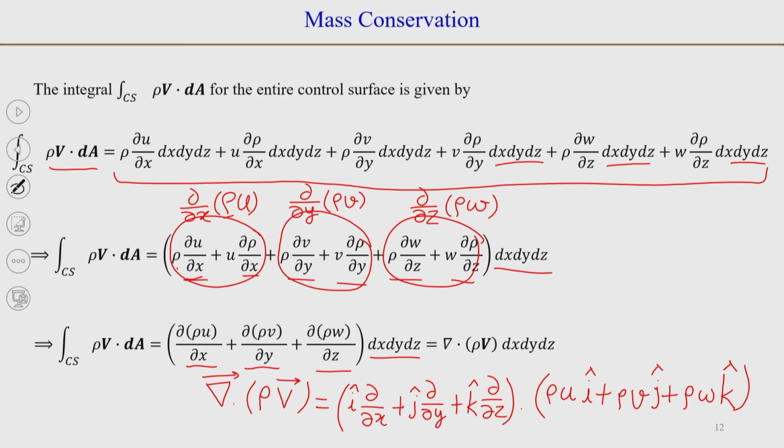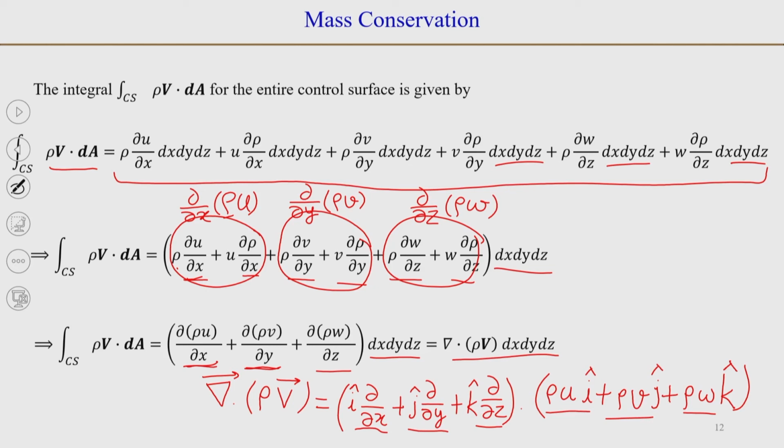When you do this exercise, only i dot i, j dot j and k dot k will be non-zero, other multiplication terms will become 0. So you will have ∂/∂x of ρu as your first term, ∂/∂y of ρv second term, ∂/∂z of ρw. You can write this in terms of vectors: del dot ρ v dx dy dz.